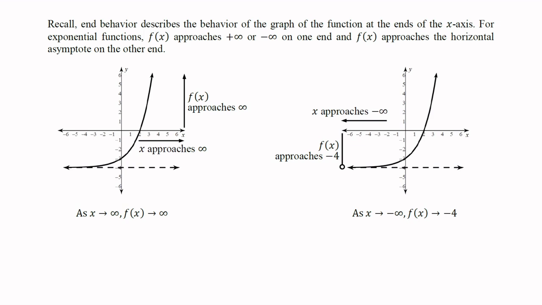Your exponential curve is getting closer and closer to that horizontal asymptote the farther into the negative numbers we go, but it's never going to touch that horizontal asymptote. No matter where you are, you can zoom in and still see space between your graph and the asymptote. So negative 4 will never get touched by this graph. We'll get infinitely close to it, but we will never get there.